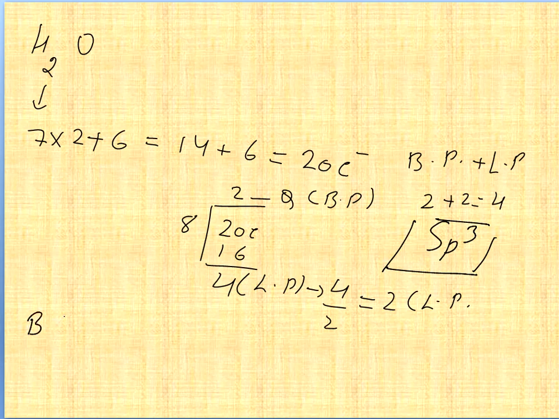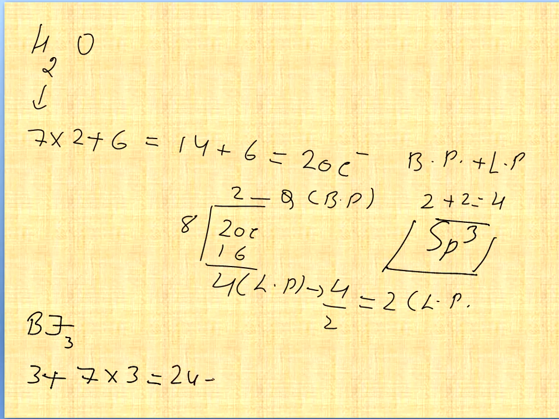BF3, boron trifluoride. The atomic number of boron is 5, then the valence electrons will be 3. Plus fluorine, whose atomic number is 9, and 7 will be the valence electrons. 7 into 3, so what will come? 21, plus 3 is 24 electrons.